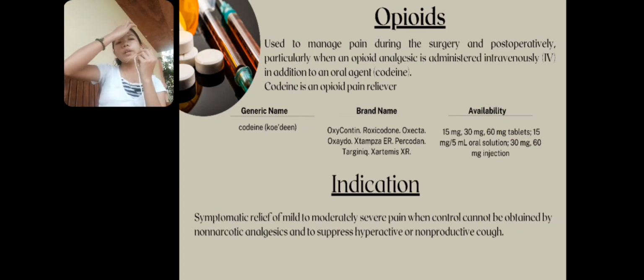The availability of the said medication is 15 milligram, 30 milligram, and 60 milligram tablets, 15 milligrams or 5 ml for oral solution, then 30 milligrams and 60 milligrams for injection. The indication: symptomatic relief of mild to moderately severe pain when control cannot be obtained by a non-narcotic analgesic, and to suppress hyperactive or non-productive cough.